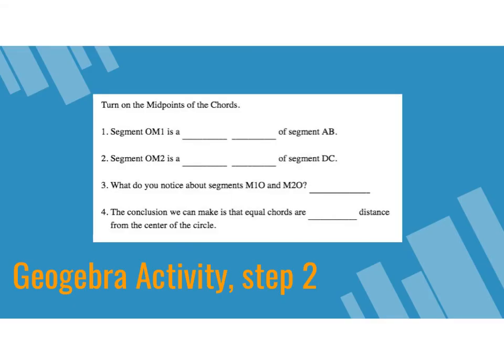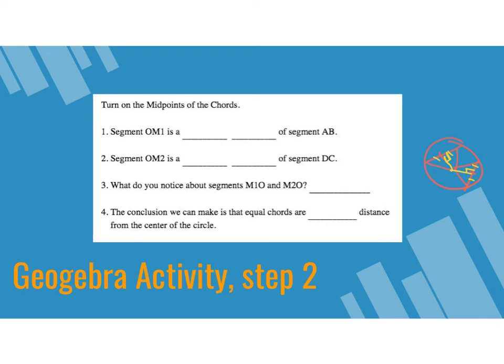If you check the box that says turn on the midpoints, you can continue to play with them, and they'll draw in the midpoints of that circle back in that GeoGebra. So you have something like this, and they're going to drop in midpoints. And you'll notice that you've got a 90-degree angle on each of them, and that it's cutting it in half.